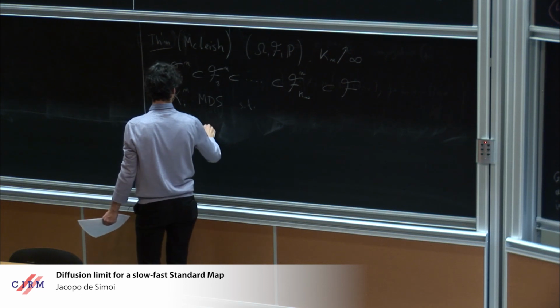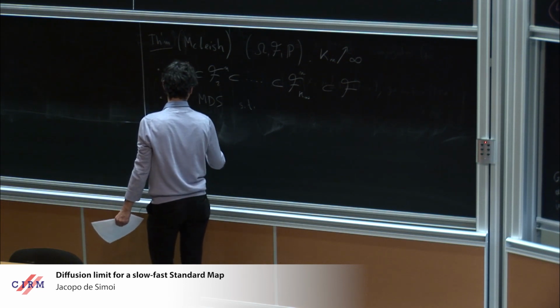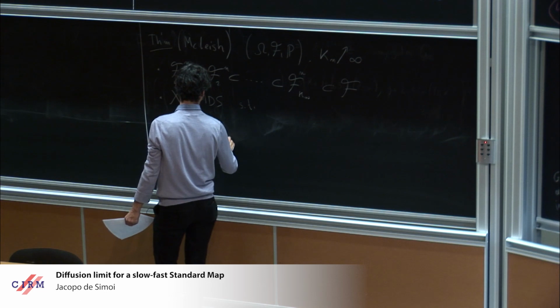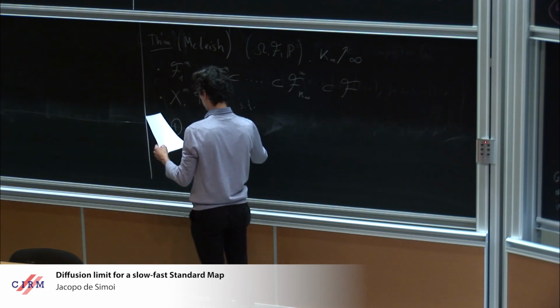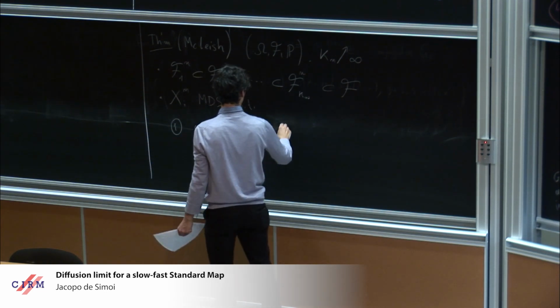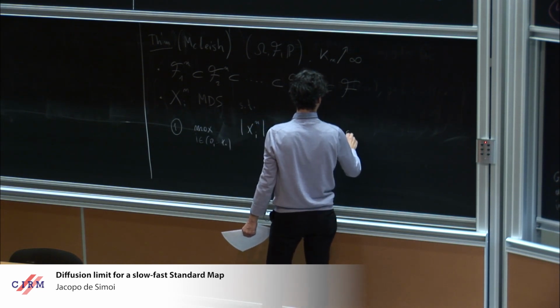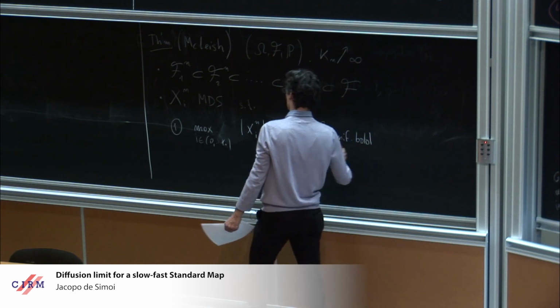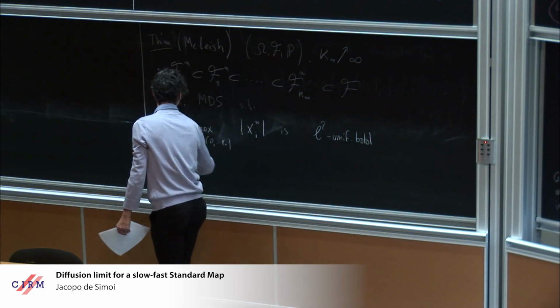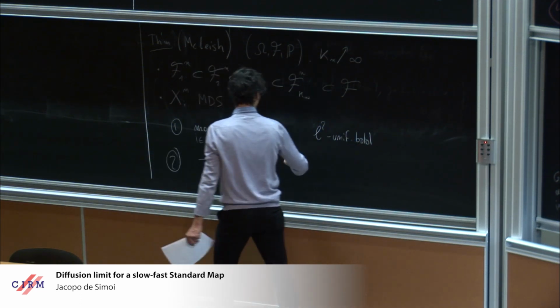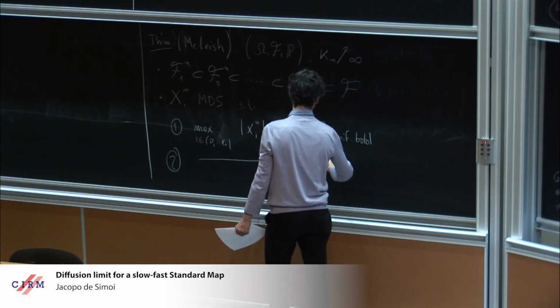So the maximum over i from 0 up to k_n of the absolute value of X_in is uniformly bounded in L2. And then 2, I have that this same thing goes to 0 in probability.